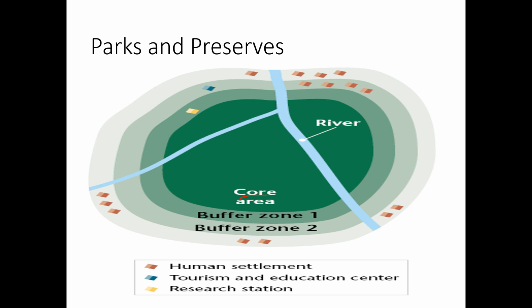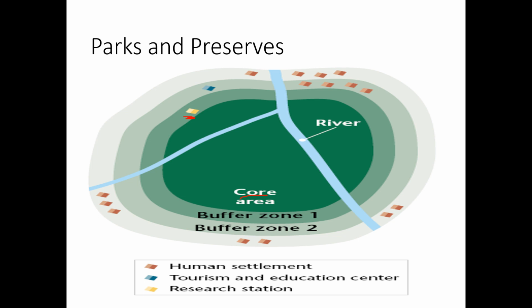Then you have buffer zones, where the first buffer zone is just a research station. Humans live or work in this research station, and they do research out in this area and in the core area.